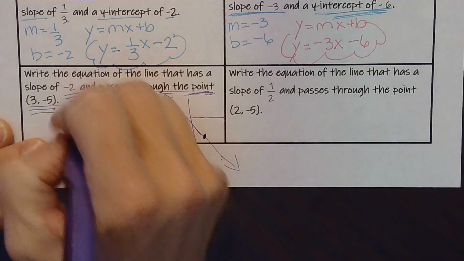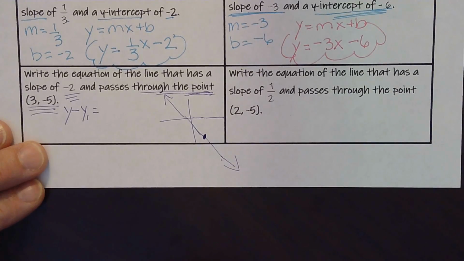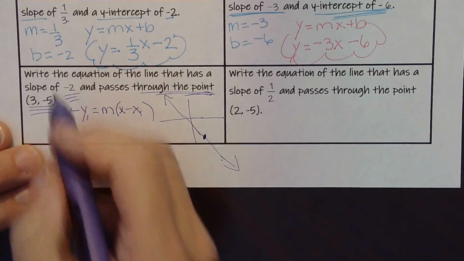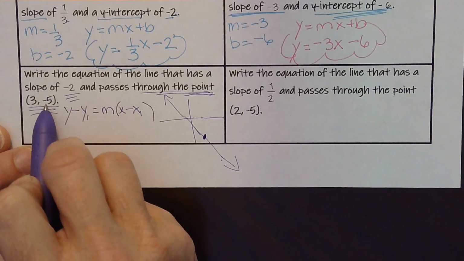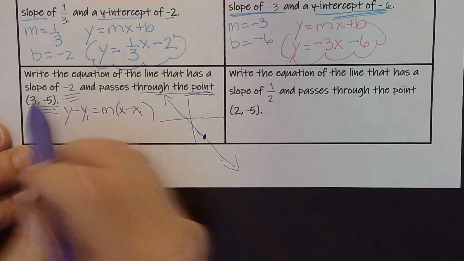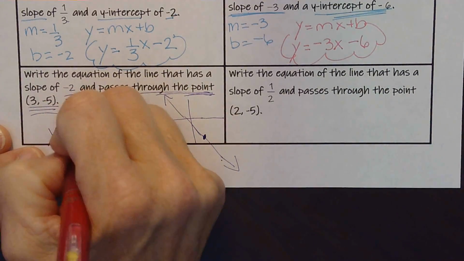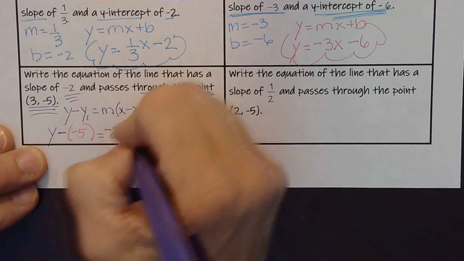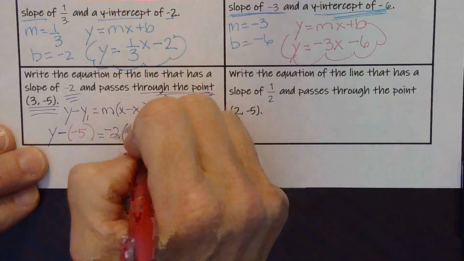We can write the equation in point-slope form, which is y minus y sub 1 equals m times x minus x sub 1. All right, so what is this going to look like? We're going to get y sub 1 from our point, -5, and we're going to get our x sub 1 from our point, and it's 3. So this is what it looks like: y minus -5, you've got to be careful with signs, equals a slope of -2 times x minus 3.